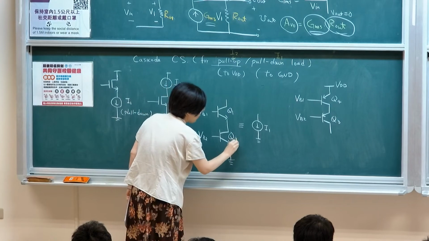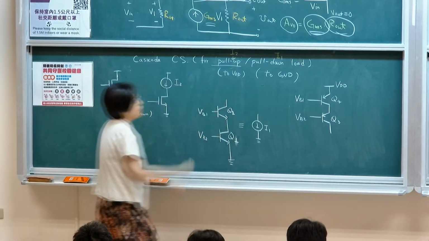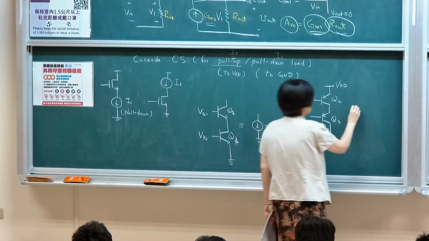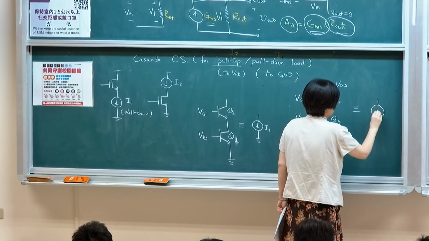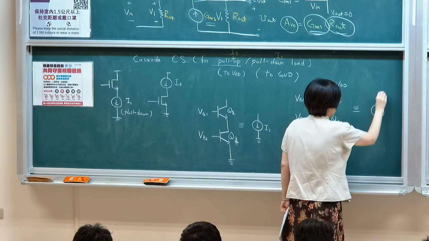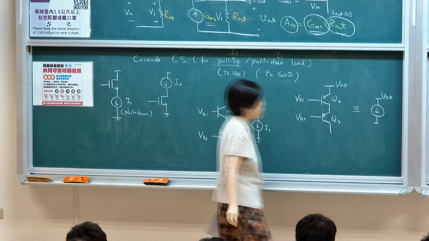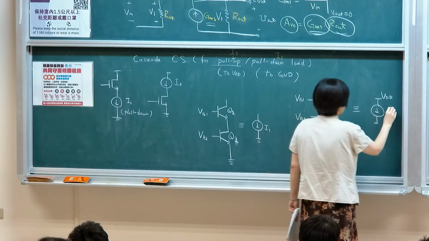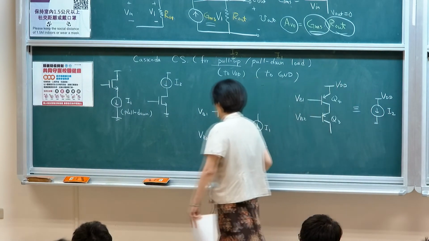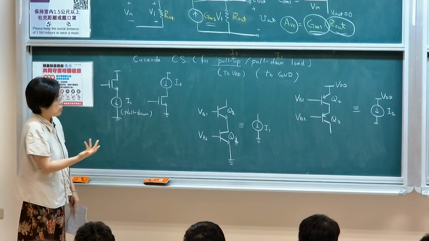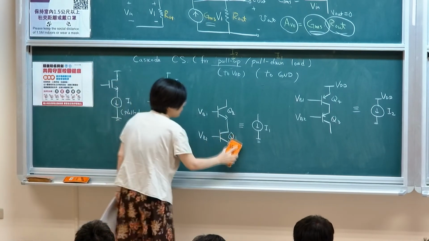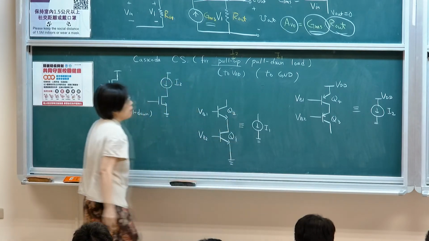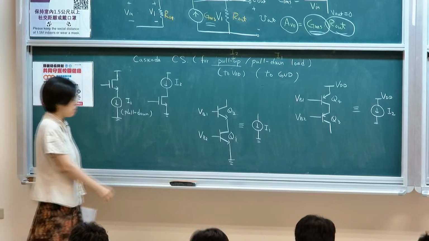So typically you want to have 1, 2, 3, 4. There are a lot more transistors. So this will be equivalent to a pull-up current source, I2. Depending on whether you want to pull it up or pull it down, you use NPN or PNP.